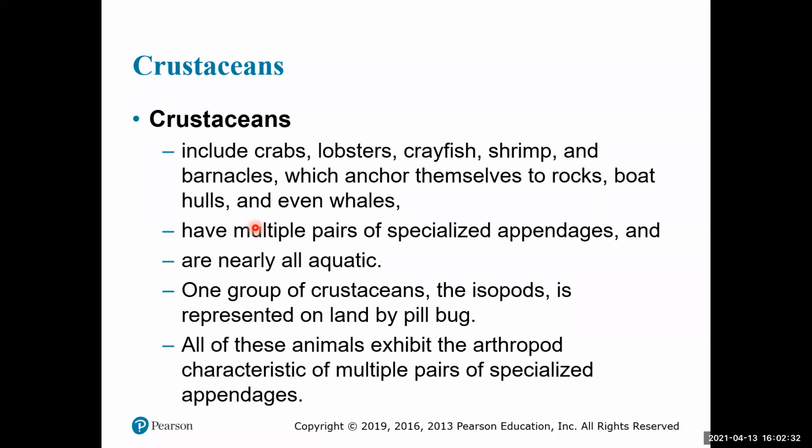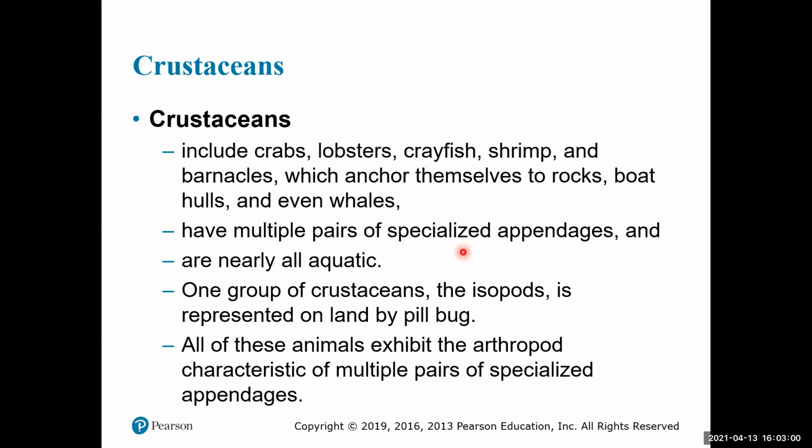Now, crustaceans, which are the second group, include crabs, lobsters, crayfish, shrimp, and barnacles. So they're mostly aquatic organisms. They will anchor themselves to different substrates. So for example, barnacles will do that. Your crabs, lobsters, crayfish, and shrimp are very mobile and will move around.